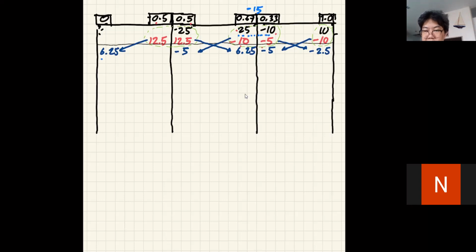Anything that goes into joint A will remain there because it is already naturally locked. But at joint B, you have a new one coming in that's minus 5. You don't have to go back to the first cycle. The first cycle is balanced. But you have the new unbalanced moment coming in, so you need to balance minus 5.